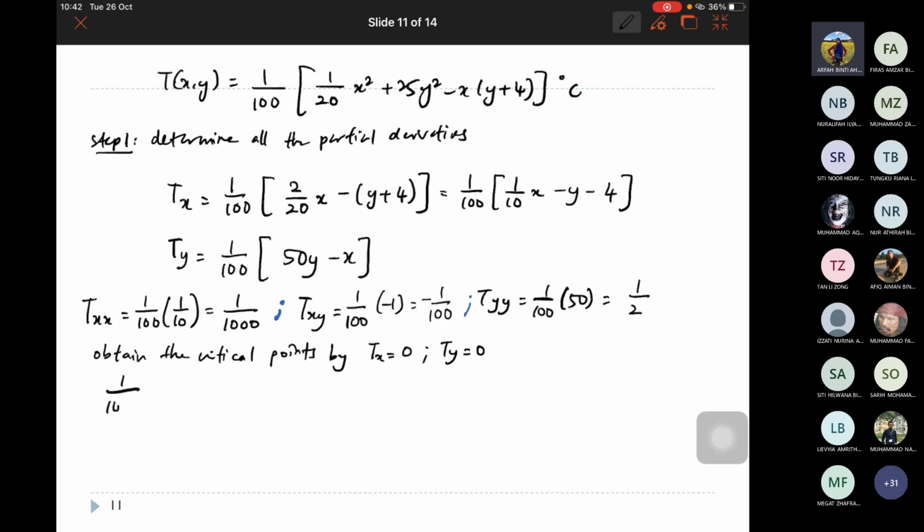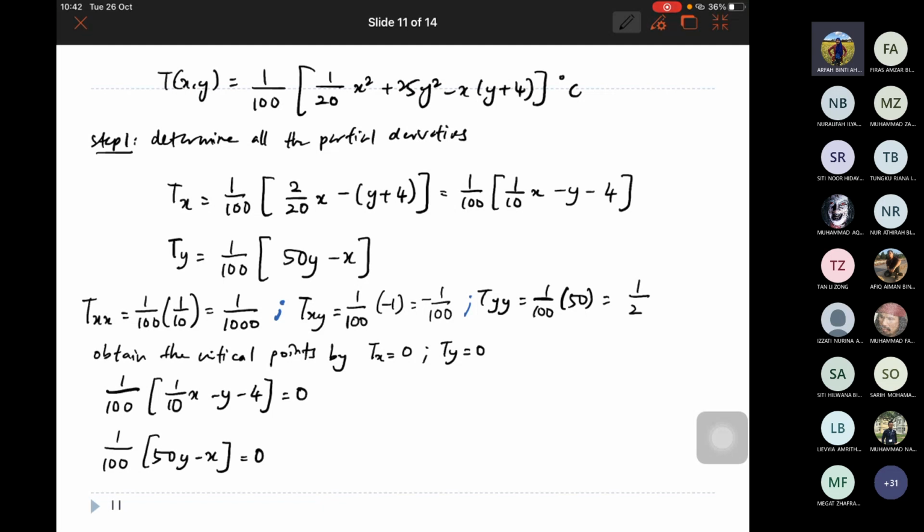So 1/100, 1/10 x tolak Y tolak 4 sama dengan 0. Okay. Then Ty sama dengan 0. Awak dapat 1/150 Y tolak X sama dengan 0.